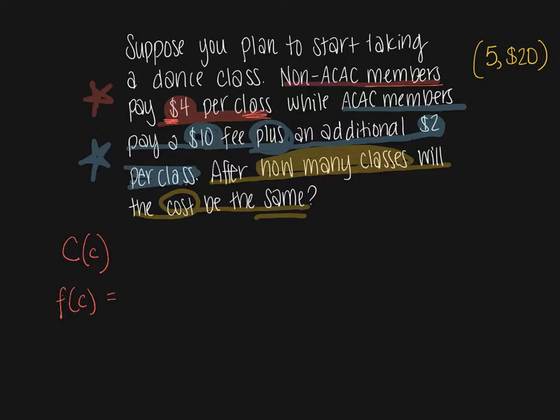Okay, so the $4 per is multiplication here, per class, my C, and this is what ACAC members, or non-ACAC members, pay.